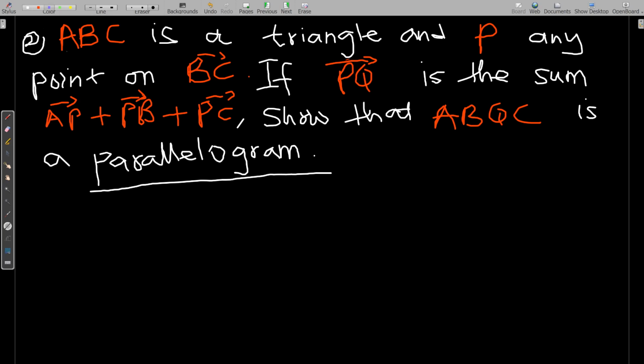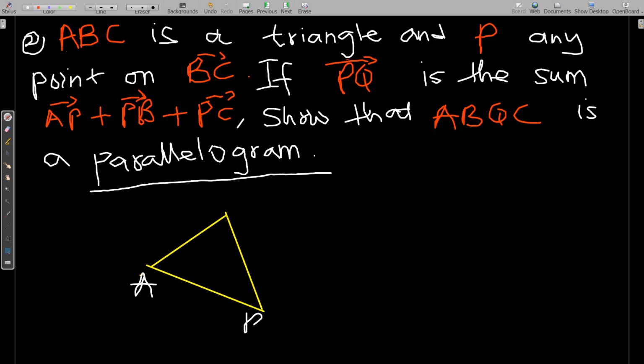Let me use a different color for the triangle ABC. Let me draw it properly.